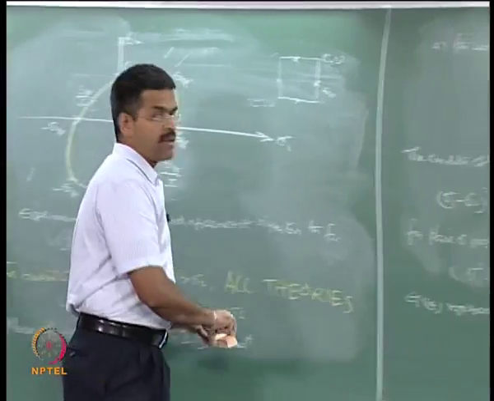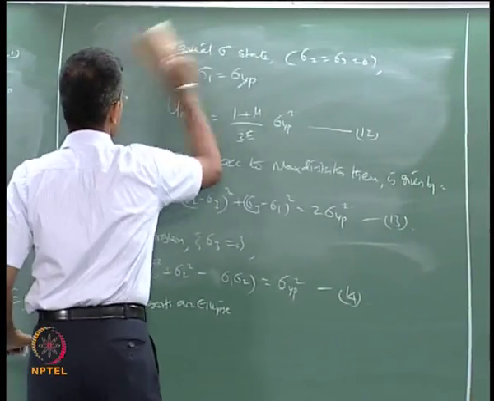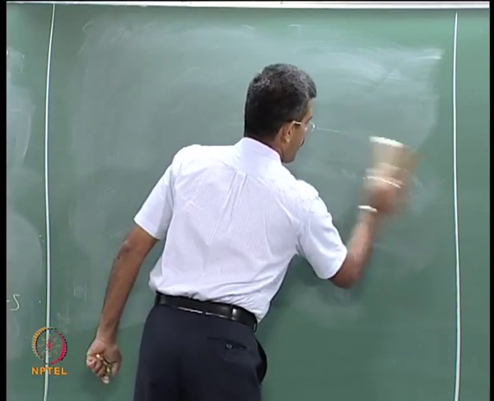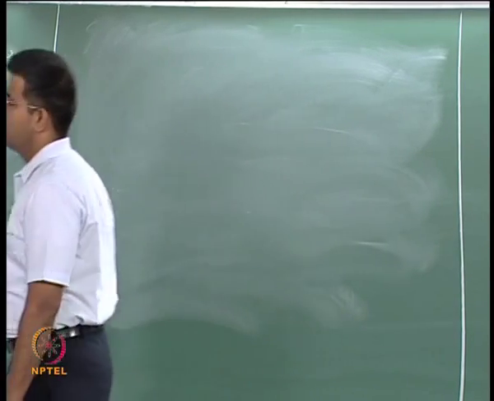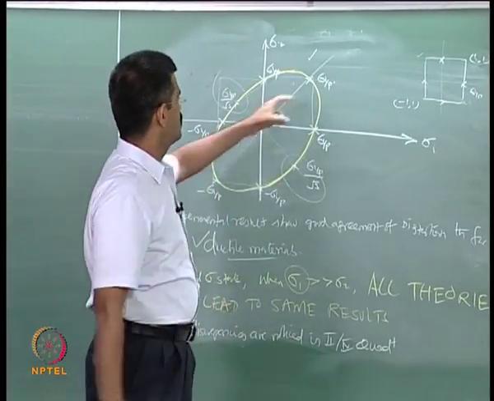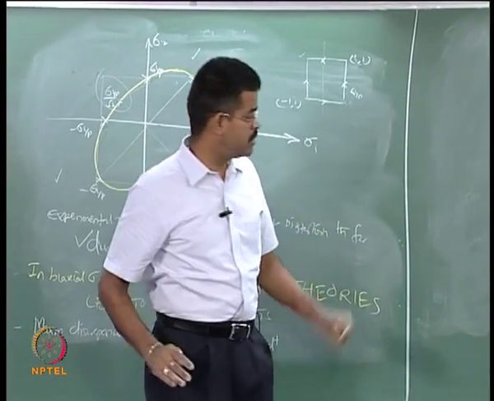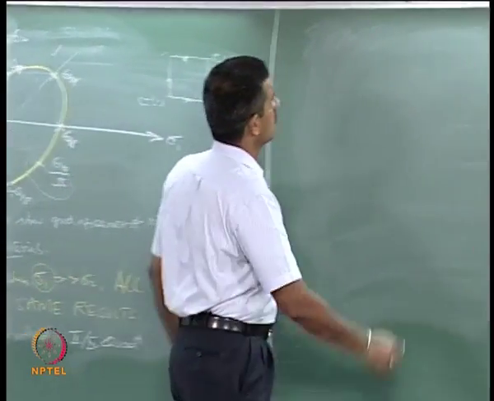Let us quickly compare all the theories. So, I want to draw superposing all of them in one figure, okay. We have now drew the boundaries separately. I want to draw a figure where I can superpose all the theories and then discuss a comparison, okay. So, I am going to draw that figure.